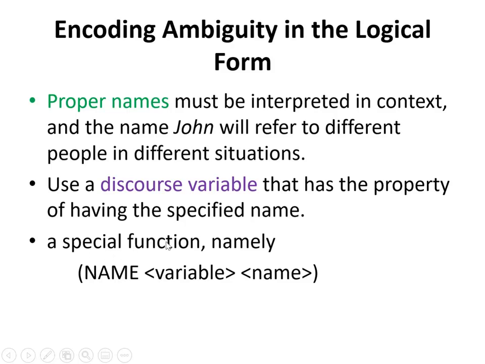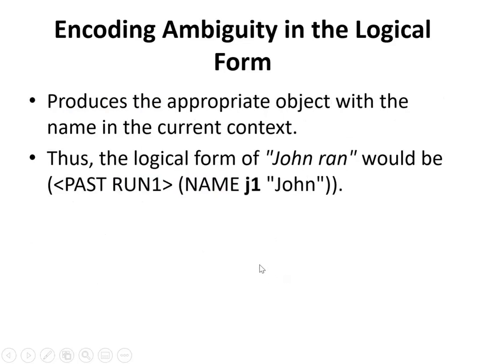That's why we can use a name as an operator: name, variable, and actual name. For example, for the logical form John ran, it can be represented as name J1, where J1 is John, who ran. So past run 1.